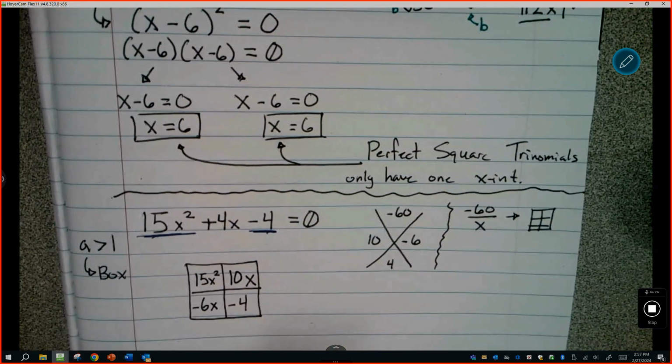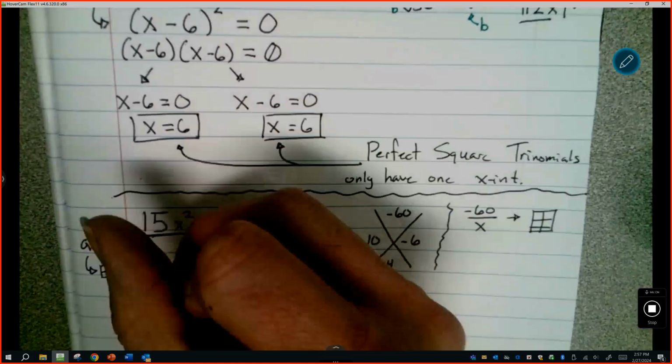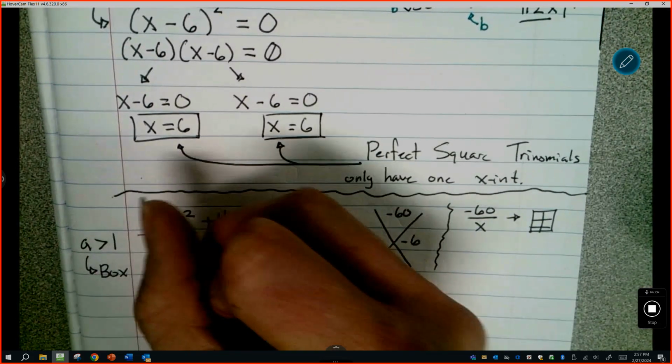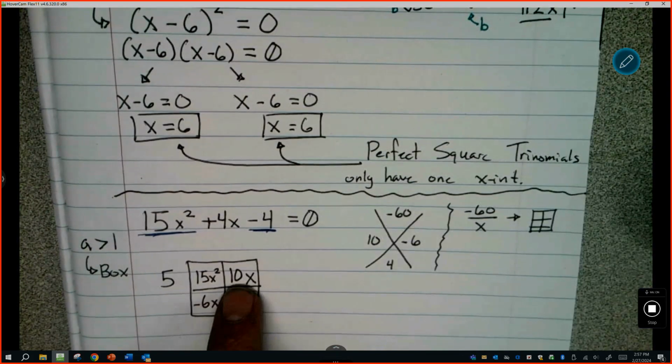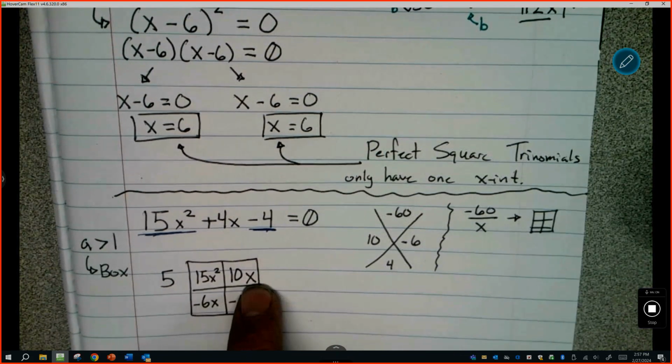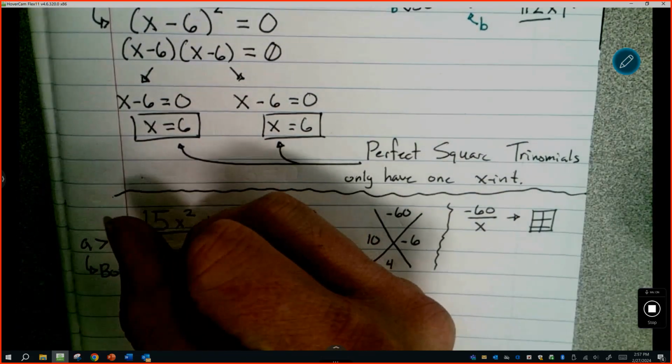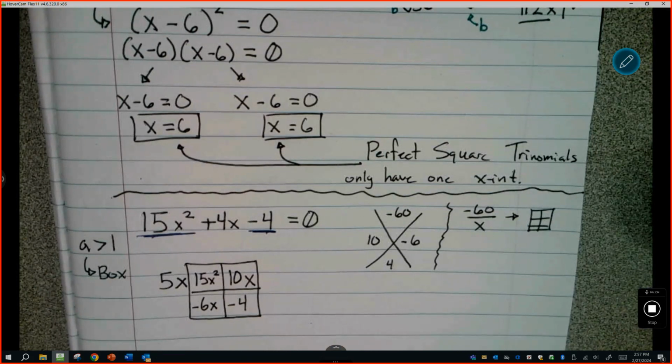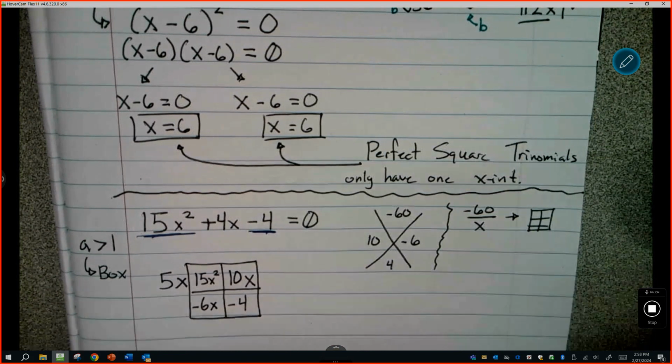What is the GCF of that row? 5 is the GCF of the coefficient, and since there's an x squared and an x, I can at least factor out one x from both of them. Both of them are divisible by x, and both of them are divisible by 5, so that's my GCF.